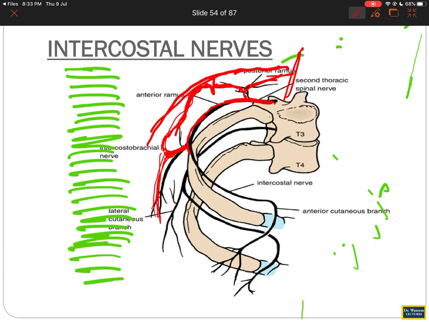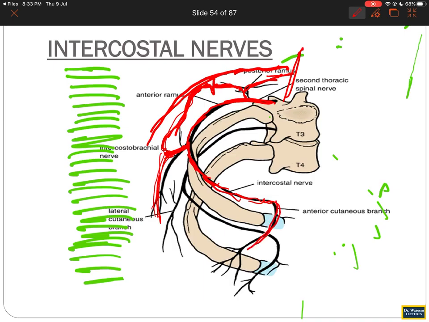The full skin is not yet supplied, because from the anterior midline there are still a lot of inches remaining up to your nipple and other areas. But no problem, the nerve continues in the costal groove till it reaches the side of the sternum, and then it comes out as the anterior cutaneous branch.